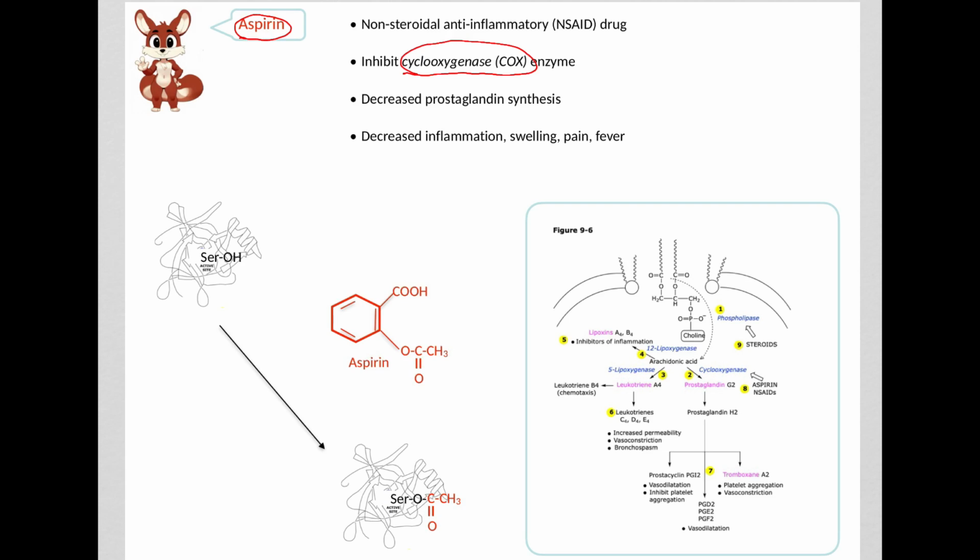Basically, the aspirin will enter the active site of the enzyme and react with the serine hydroxyl group. It adds an acetyl group, or it acetylates the serine hydroxyl, and that inactivates the enzyme. It basically kills the enzyme cyclooxygenase.